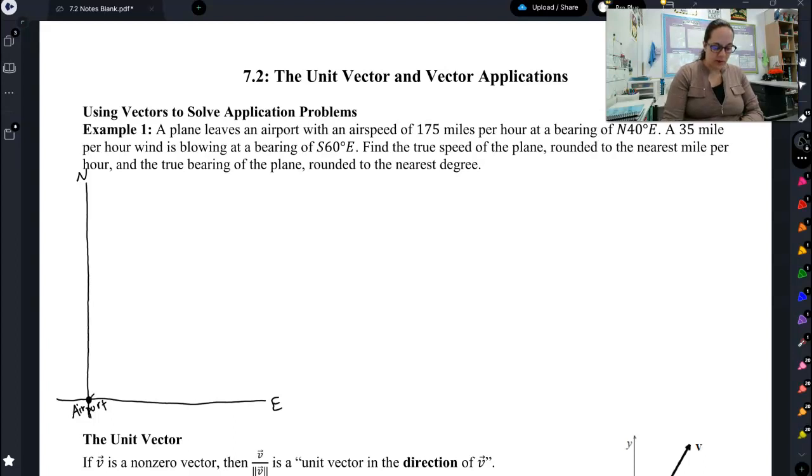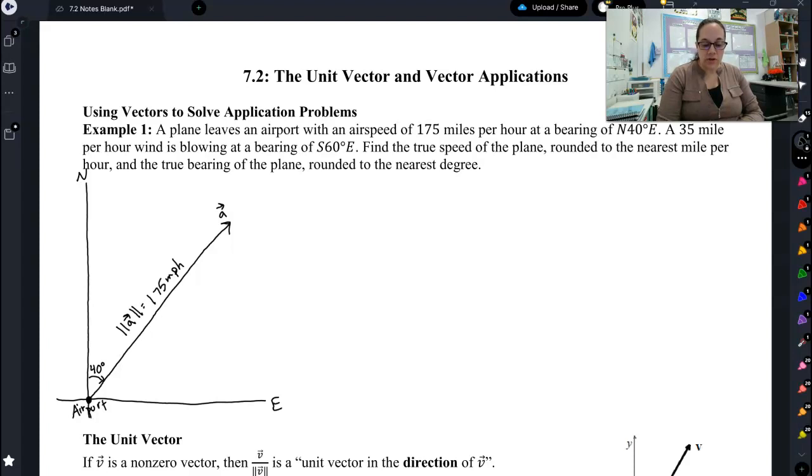So north, and then we go about 40 degrees east. So we know that is 40 degrees. And I'm going to call this vector A for airplane. So I could say the magnitude of this vector A is 175 miles per hour.